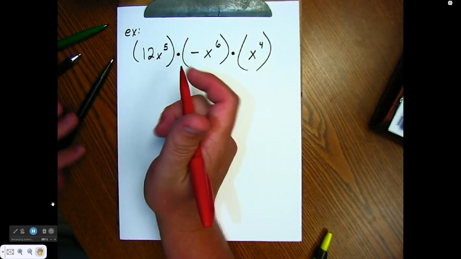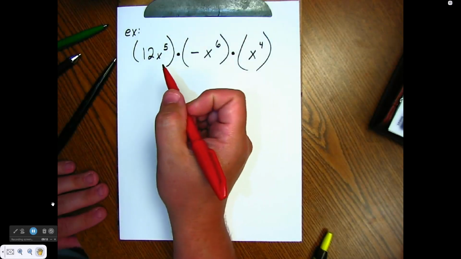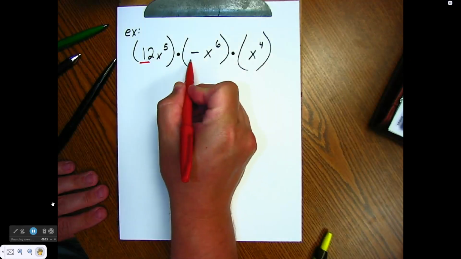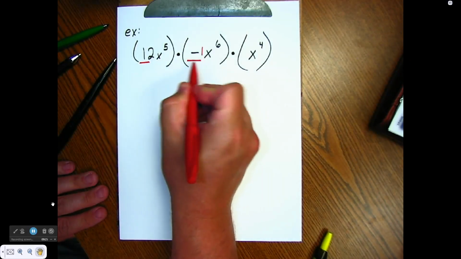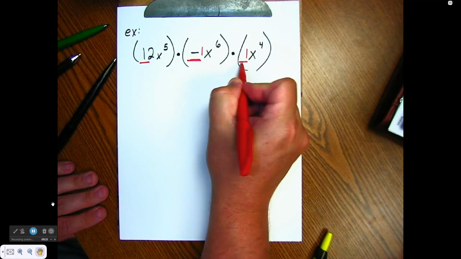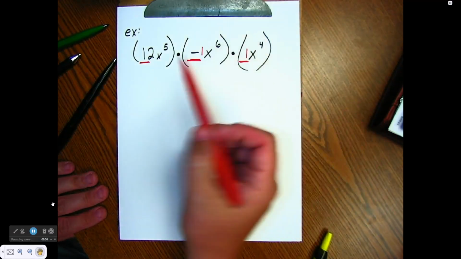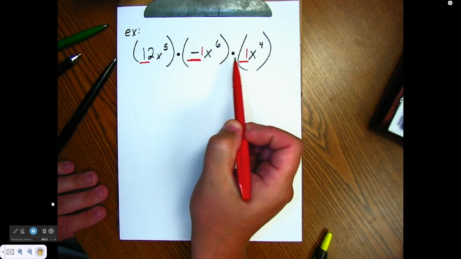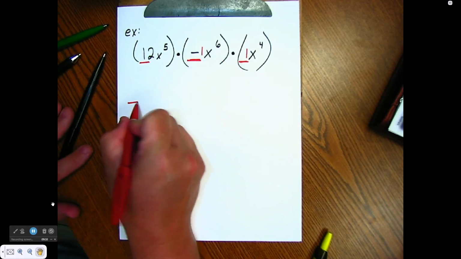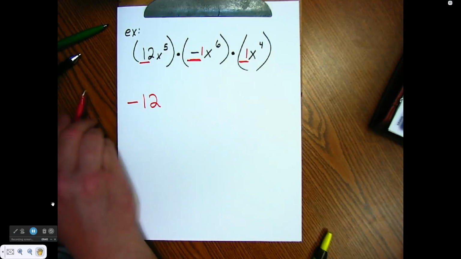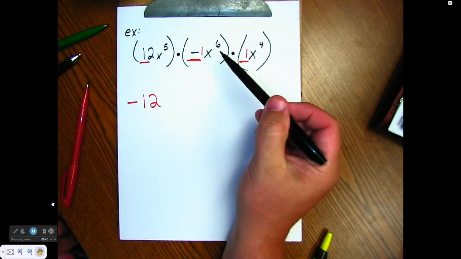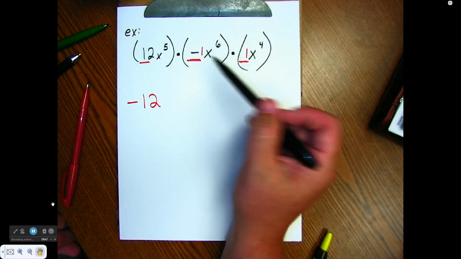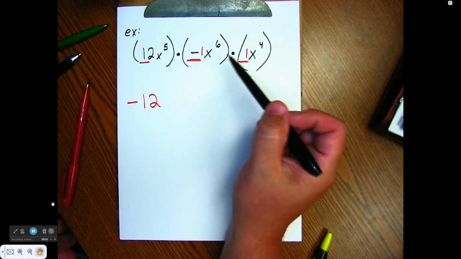As in the last couple of examples, the first thing that I want to do is multiply my coefficients together first. 12 times that understood negative 1 times the understood coefficient of positive 1. 12 times negative 1 times positive 1 will give me negative 12. And we have x times x times x. X to the fifth times x to the sixth times x to the fourth. They all have the same base.